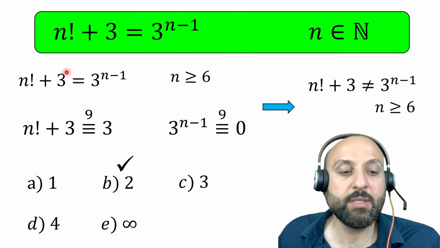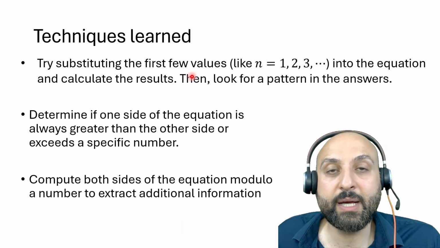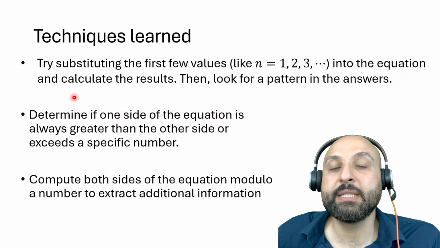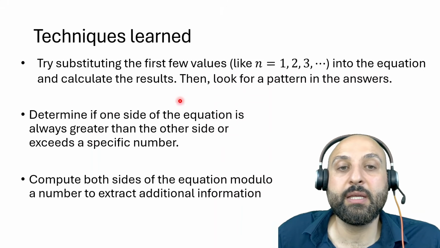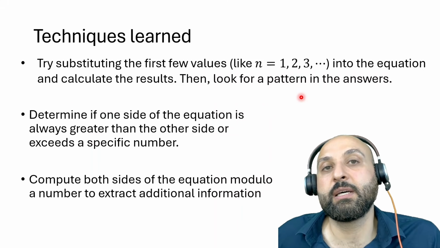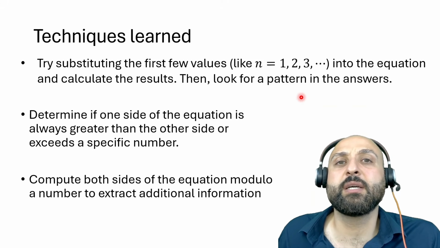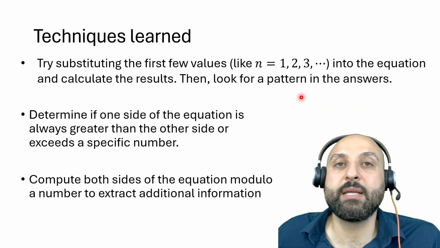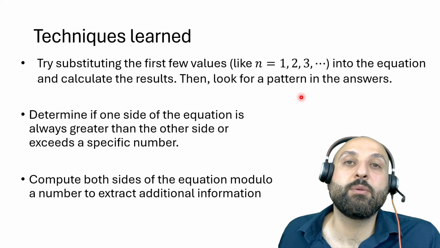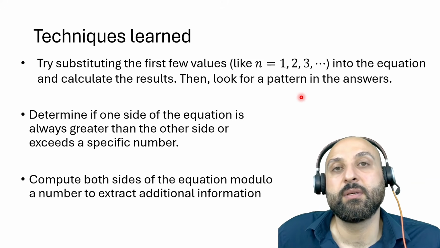Let's see what we have learned. Try substituting the first few values, for example, n equal 1, 2, 3, into the equation and calculate the results. Then look for a pattern in the answers. You see that after we put n equal to 5, the left side was larger than the right side, and then we could understand that maybe for any n larger than 6, we could prove this hypothesis.